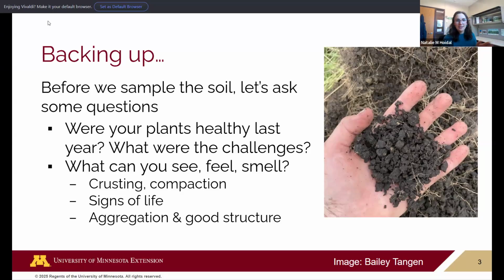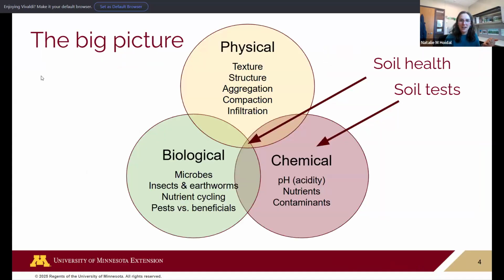And so just some of the theory behind that, I guess. Soil health is this combination of physical, biological, and chemical. So the physical things like texture, structure, aggregation, compaction, and infiltration. The biology could be the microbiology that we can't see, things like microbes.